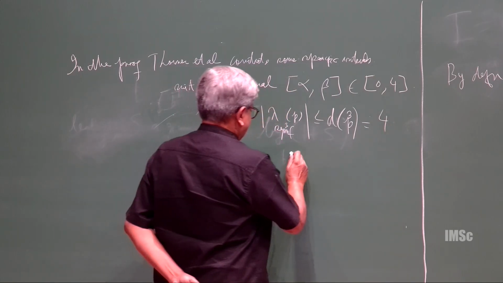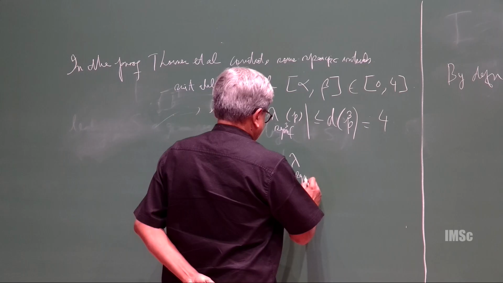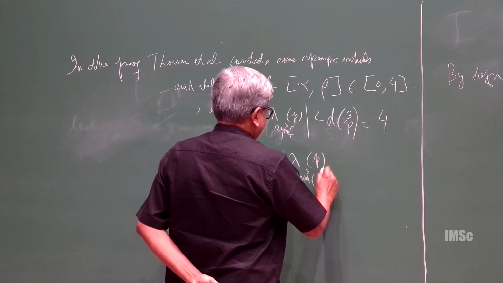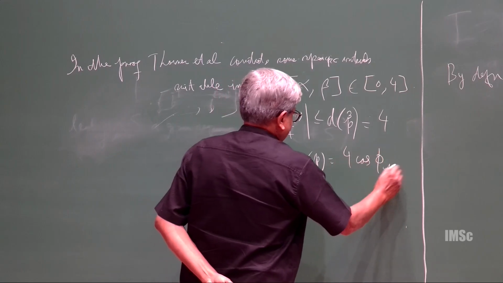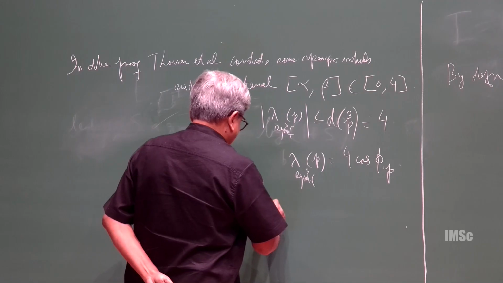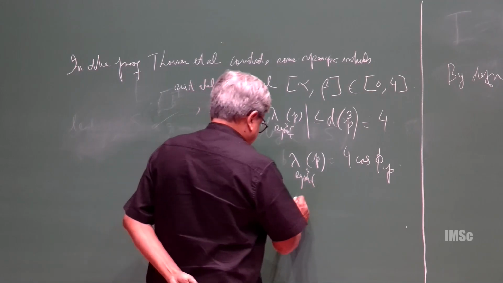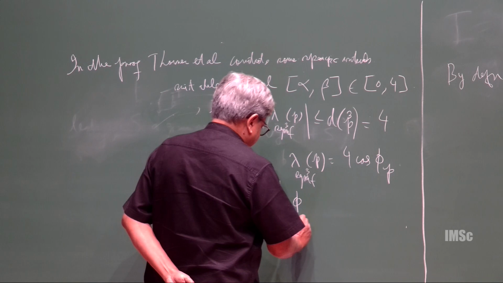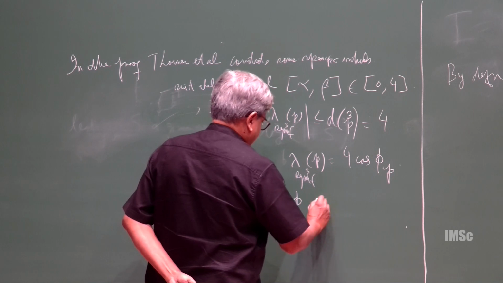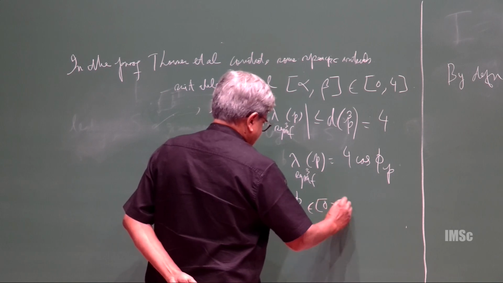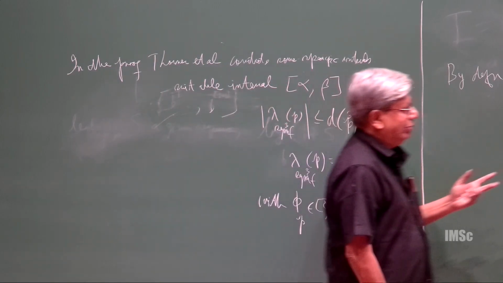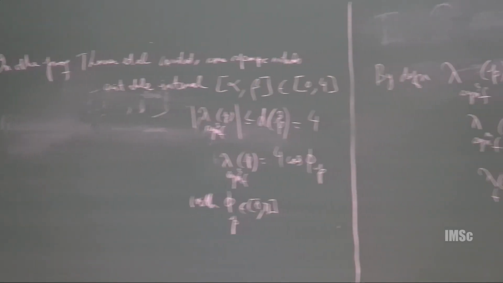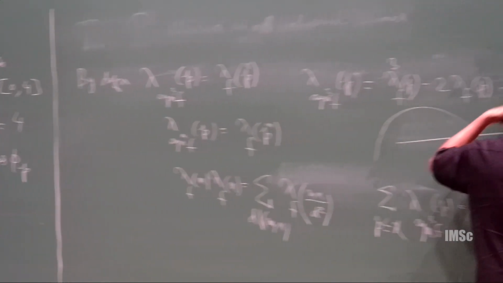So you can write lambda sym^3 f at p as 4 cos phi_p, just like the sym^1 f, with phi_p belonging to 0, pi. And now you put this, take the inverse image of this and compute the integral.